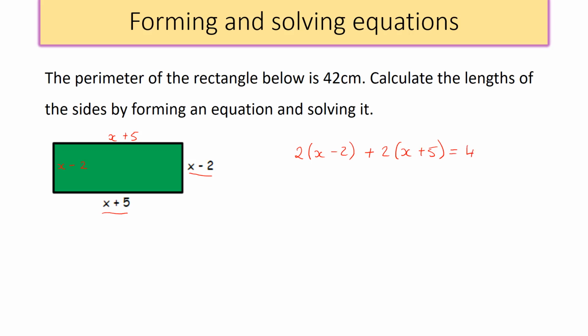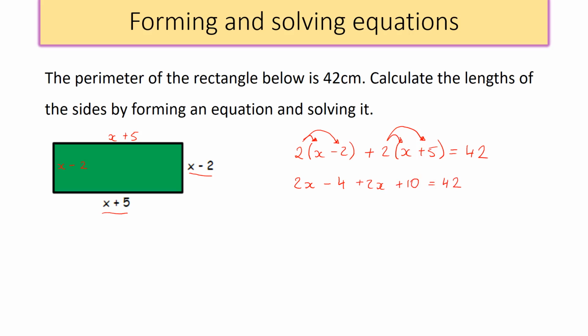But I can just times the 2 lengths by 2 because I know I have 2 pairs. Now I could expand the brackets. So that's 2 times X, that's 2X. 2 times negative 2 is take away 4. Then 2 times X again is 2X. And then 2 times 5 is 10.